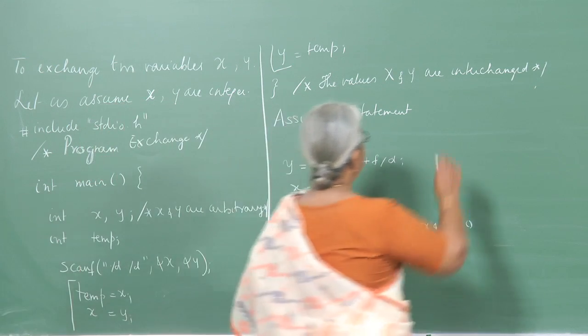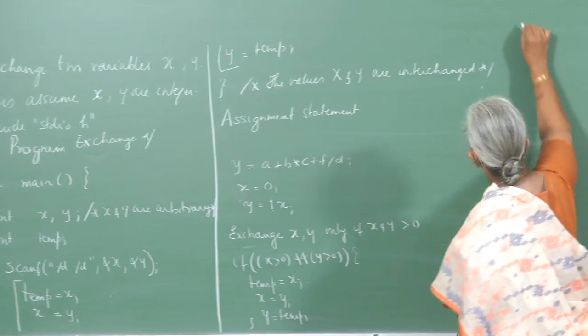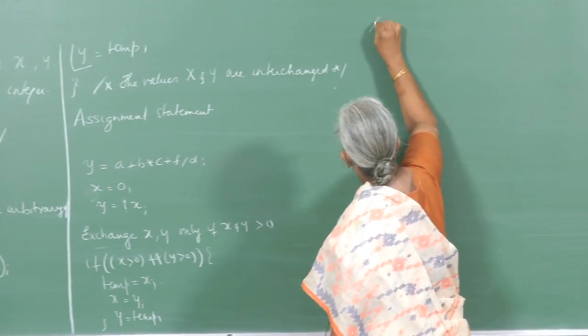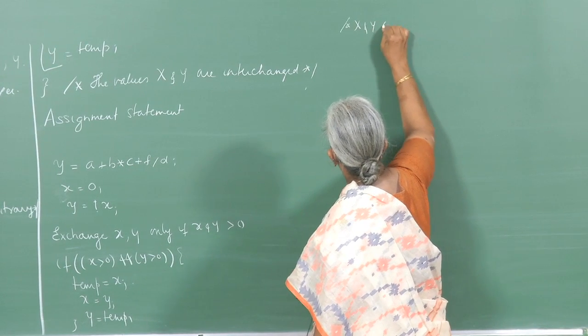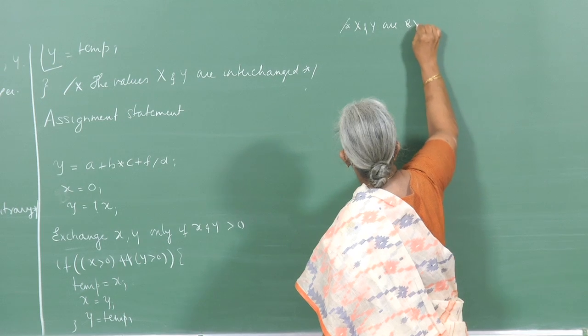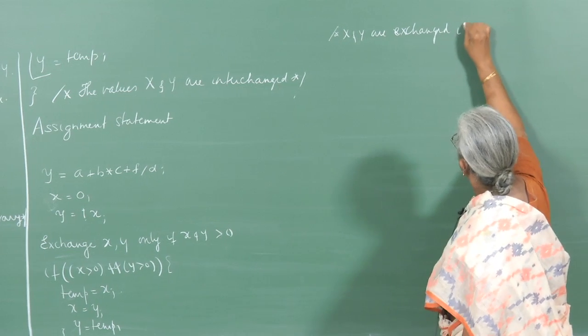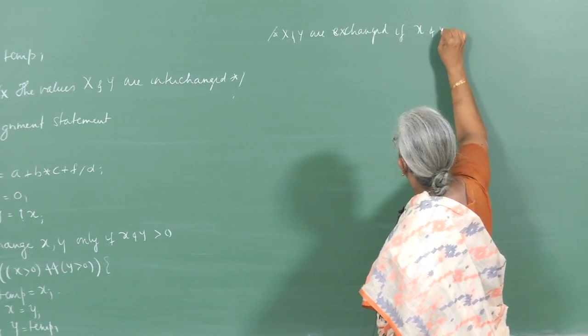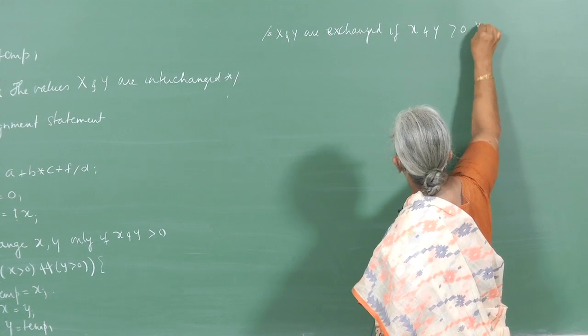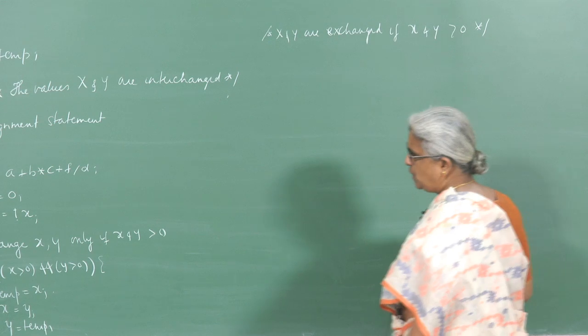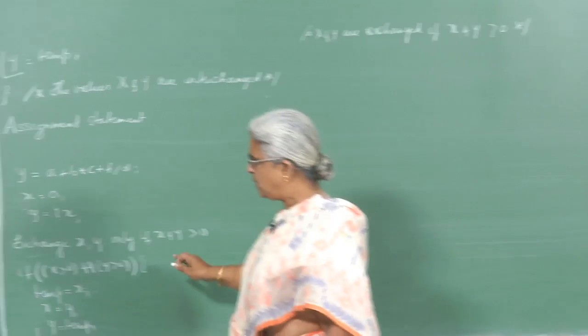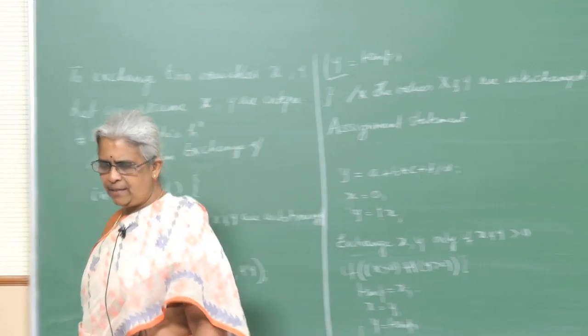So what does the postcondition become here? The postcondition will be x and y are exchanged if both x and y are greater than 0. Whereas the input condition, on the other hand, still remains the same.